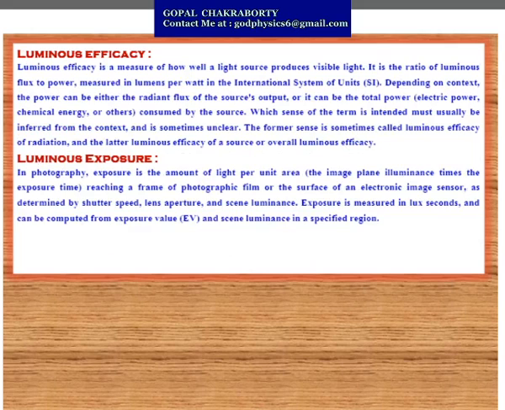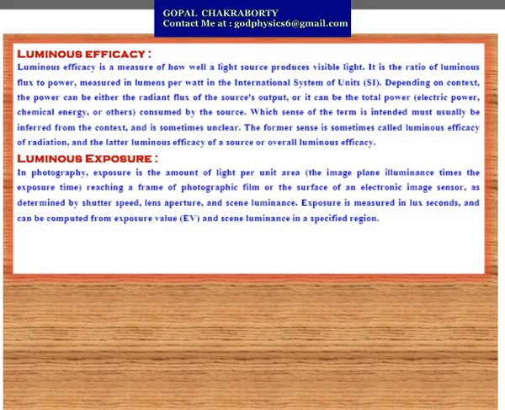Now, what is luminous efficacy? Luminous efficacy is a measure of how well a light source produces visible light. It is the ratio of luminous flux to power, measured in lumen per watt in the International System of Units, the SI system.